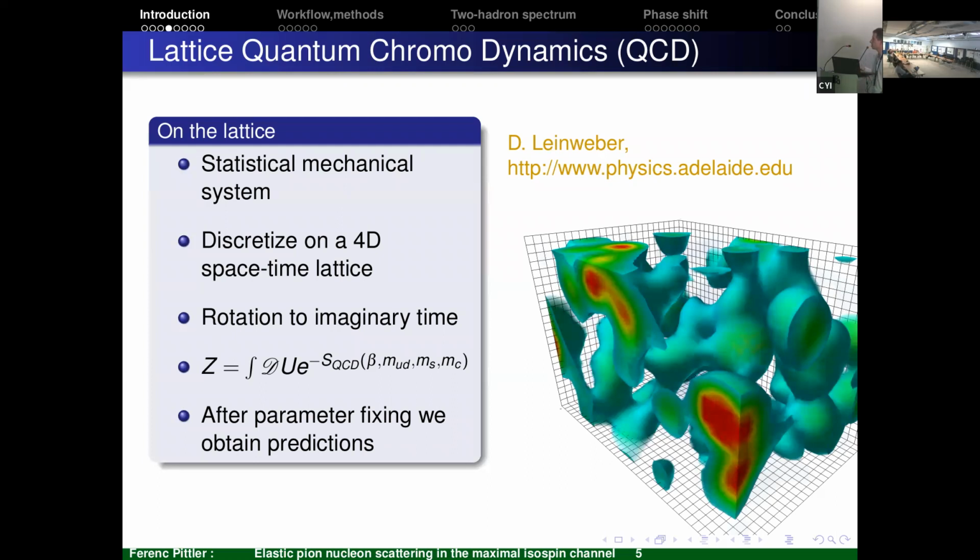Basically this means that we transform t to minus i t. If you write it in a transfer matrix formulation, it will be e to the minus H over T, like the Boltzmann factor.